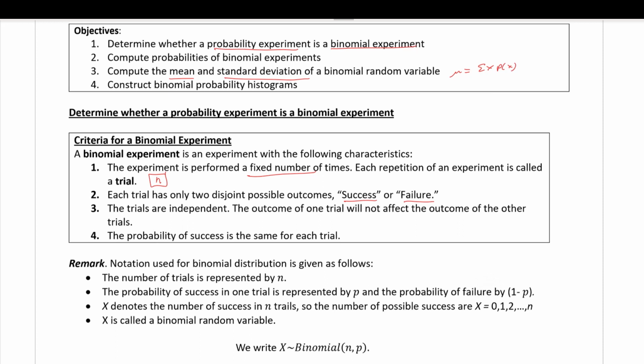Were the trials independent? Well, for a die, every time we roll the die, the outcome of one of those dice shouldn't affect the outcome of another die. So yeah, these are independent trials. And does the probability of success remain the same in each trial? Well, again, what was the probability of success? Rolling a die was a 1 in 6 chance.